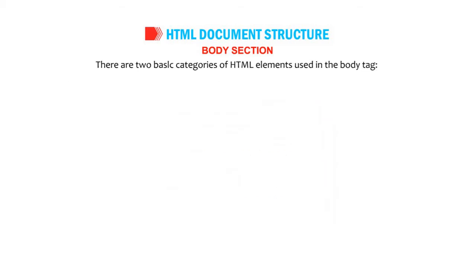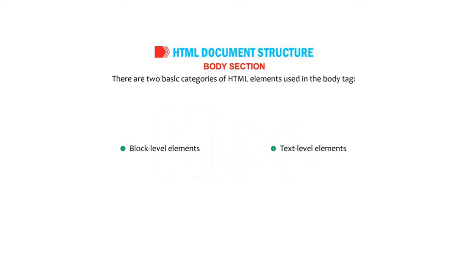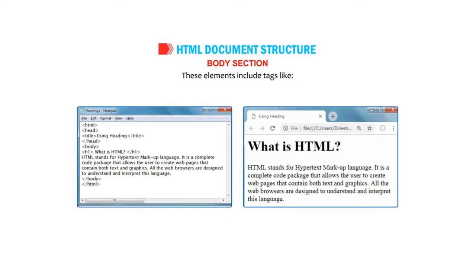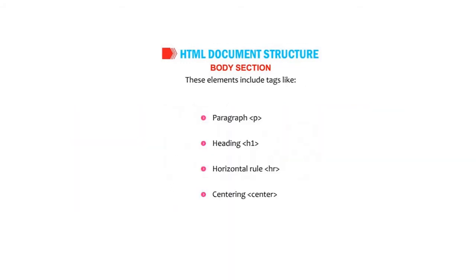There are two basic categories of HTML elements used in the body tag: block level elements and text level elements. Block level elements take up the full width available and by default begin on a new line. These elements include tags like the paragraph tag, heading tag, horizontal rule and centering.